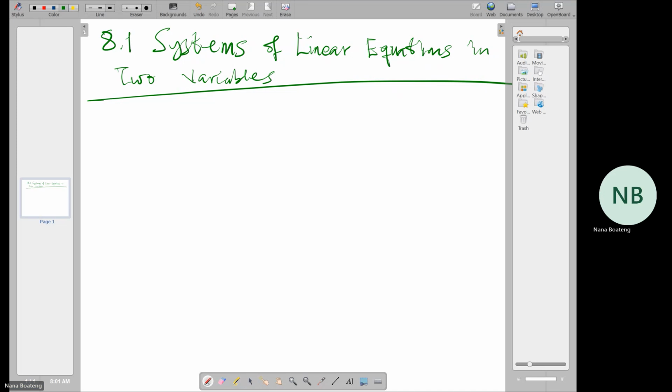We are going to start off with systems of linear equations and their solutions.